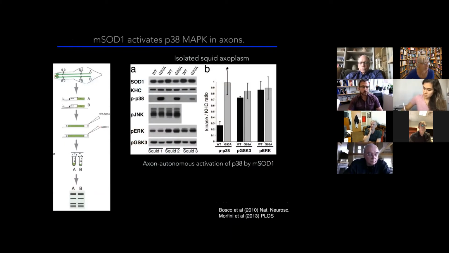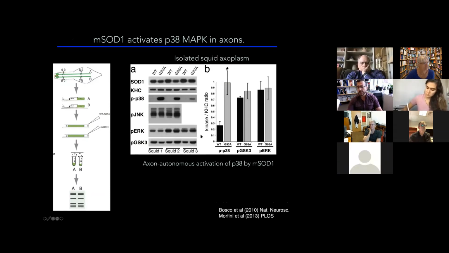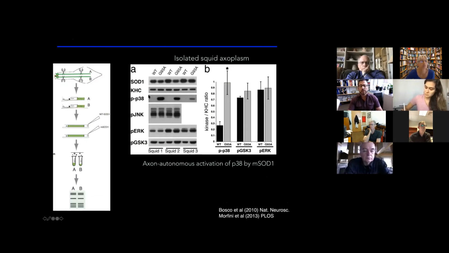So back to this experiment that I already explained, we're now using antibodies that recognize active kinases in the squid. We did a screening of several kinases that we knew were involved in axonal transport. I'm going to bring your attention to this one here, the phospho-P38. This is an antibody that recognizes an active form of P38 MAP kinase.